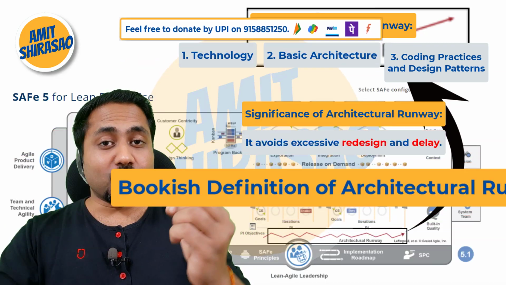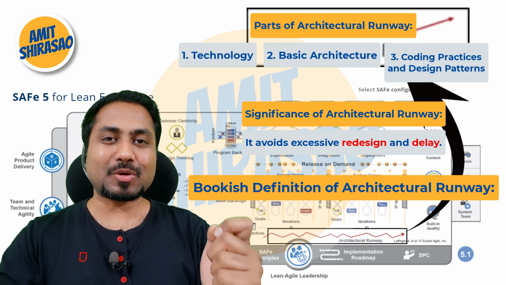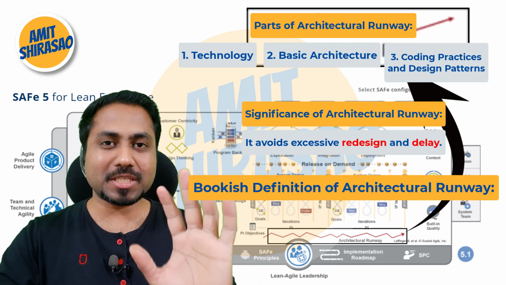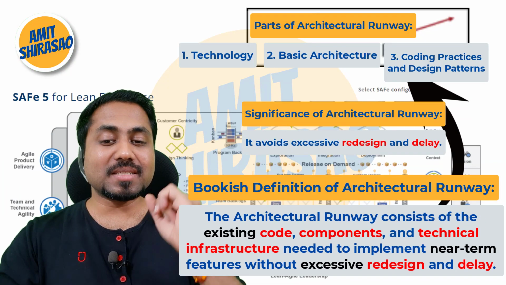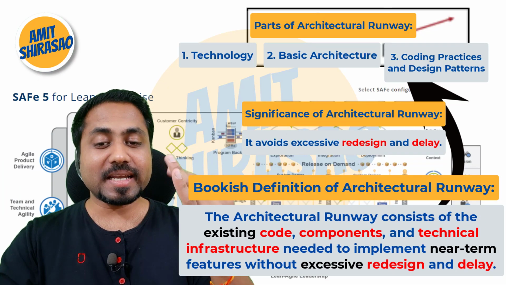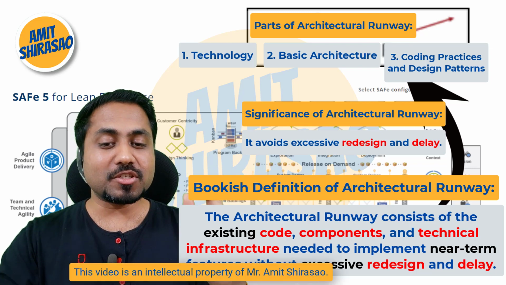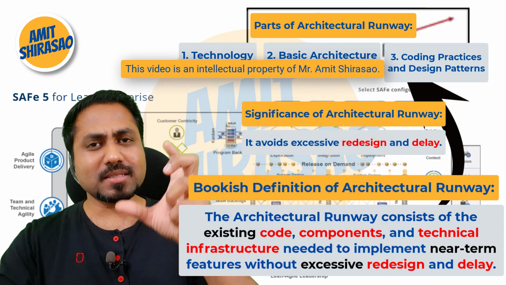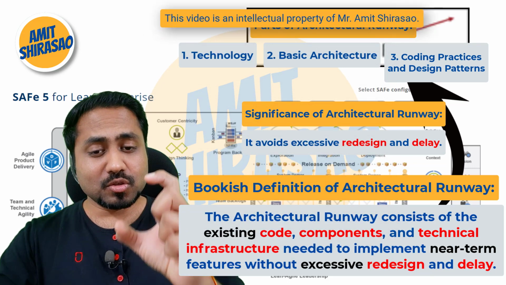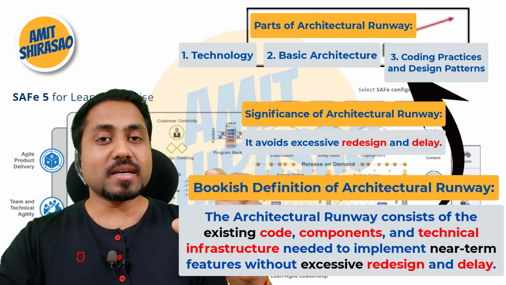Now let us go to the bookish definition, the definition given on scaledagileframework.com, the official website of SAFe. Architectural runway consists of existing code, components and technical infrastructure needed to implement near-term features without excessive redesign and delay. It is needed to implement near-term features.